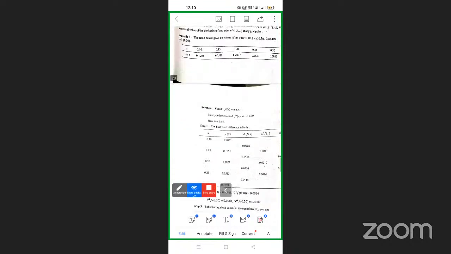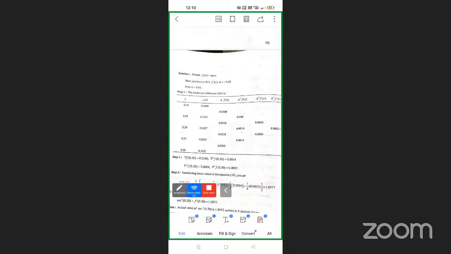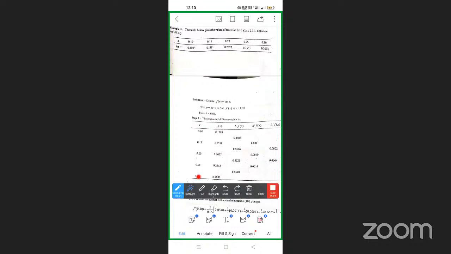Construction of the table: these are the x values 0.1, 0.15, 0.20, 0.25, 0.30, and next the f of x values 0.1003, 0.1511, 0.2027, 0.2553, 0.3090.